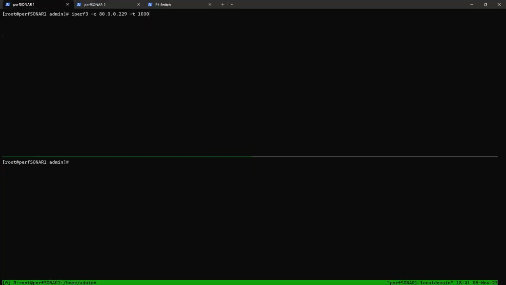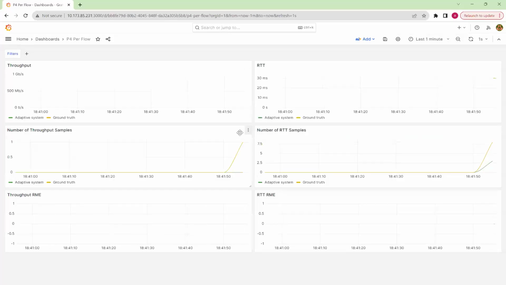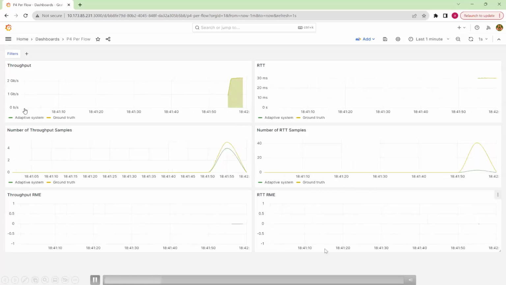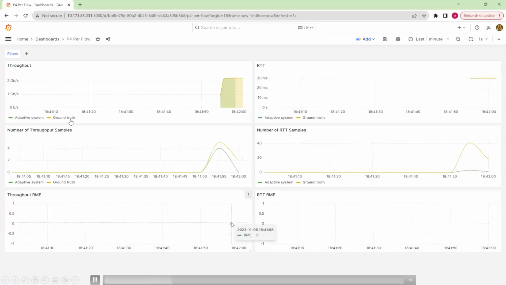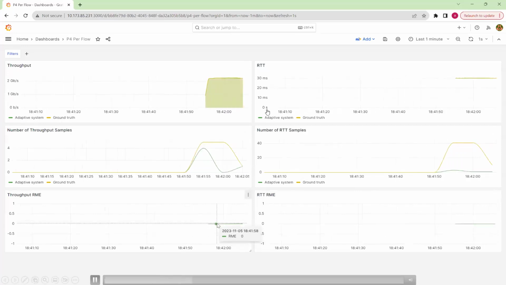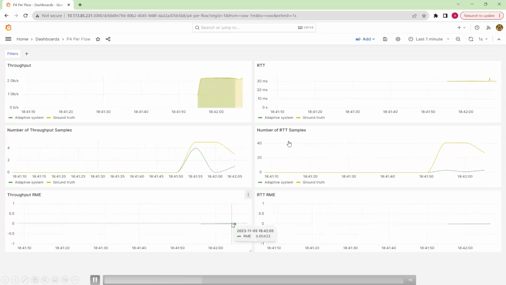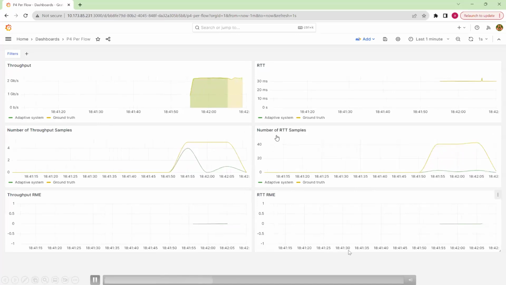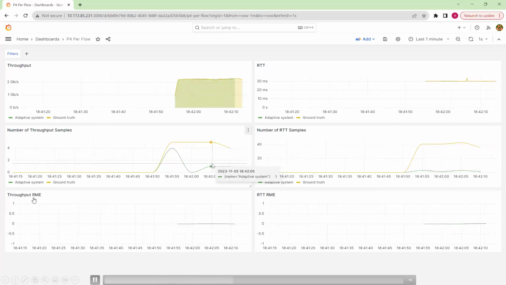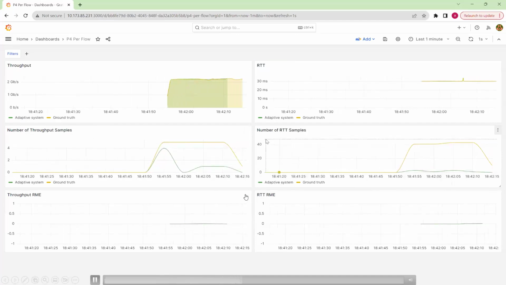Here we have perfSONAR 1 and perfSONAR 2, and a throughput test. The graph shows the throughput. The green line is for the adaptive system, and the yellow line is for the ground truth. Here we have the RTT, the number of throughput samples, the number of RTT samples, and the lower two graphs are the throughput RME and RTT RME.